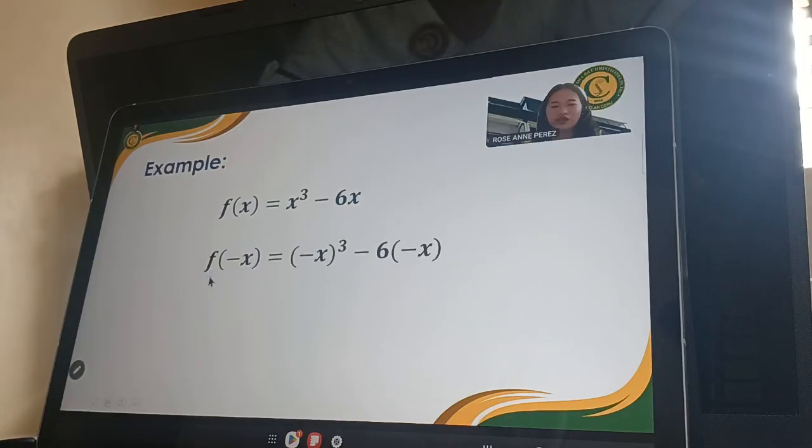So we will have f of negative x equals negative x cubed minus 6 times negative x. And then let's simplify this. We will have here negative x cubed. So what could be the result? Negative x times negative x times negative x.